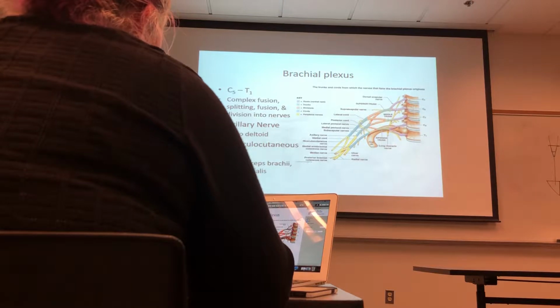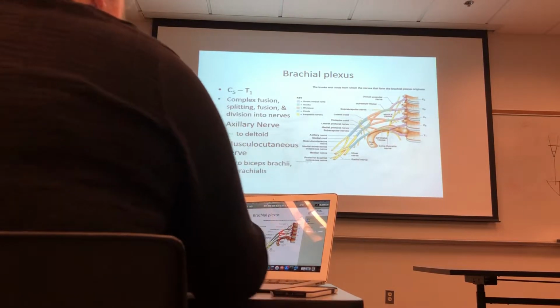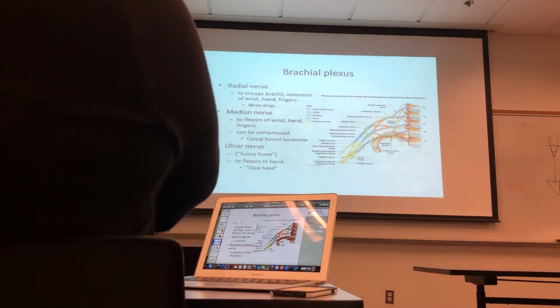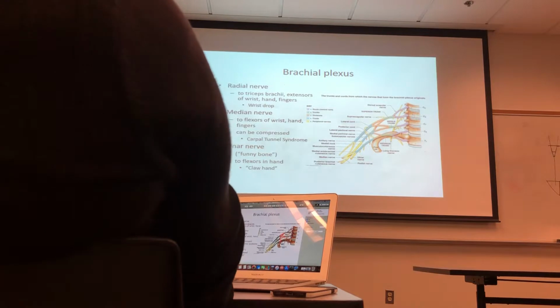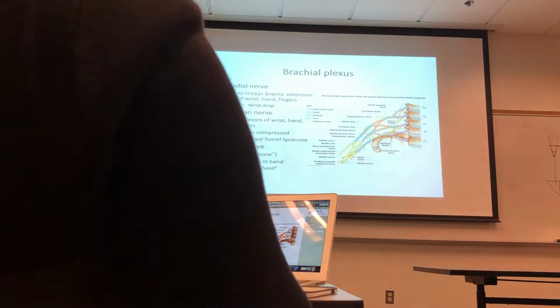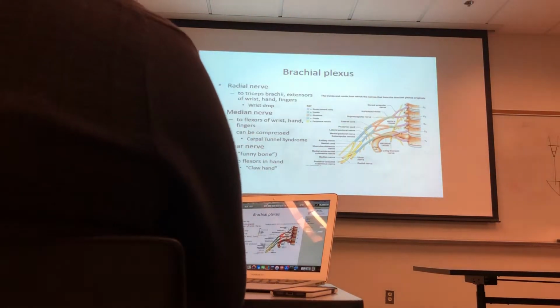So it forms axillary nerve to the deltoid muscle, musculocutaneous nerve to the biceps brachii and the brachialis muscle, radial nerve, median nerve, ulnar nerve. Radial nerve is going to go to the triceps, median nerve to the flexors of the hand and wrist, ulnar nerve, also flexors of the hand.